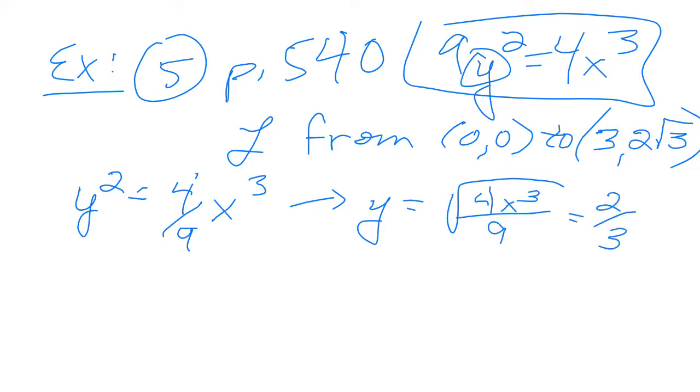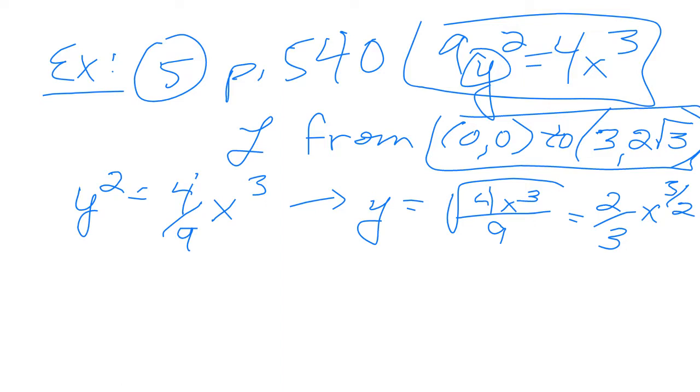So this is 2/3 x to the 3/2. As far as absolute value, do we need to worry about it? No, because x is greater than or equal to 0 going from here to here.